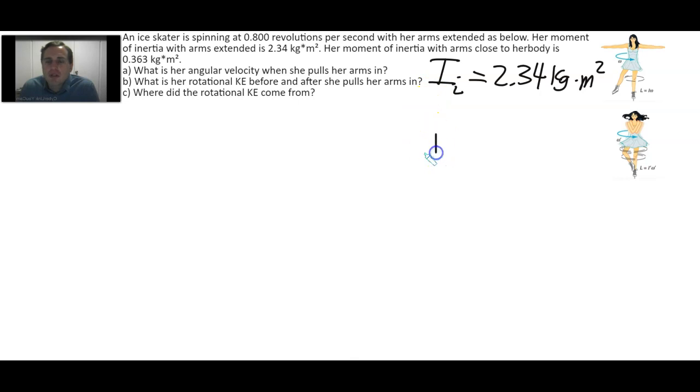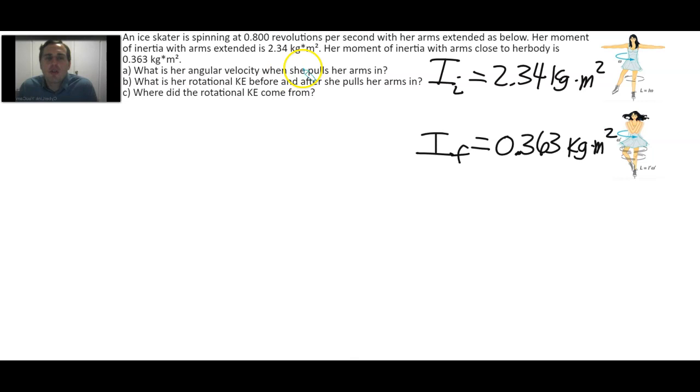Notice her final rotational inertia should be 0.363, that's given, kilograms times meters squared for the units. Notice, again, when her arms are inward, she has a less overall radius, so her rotational inertia is less.